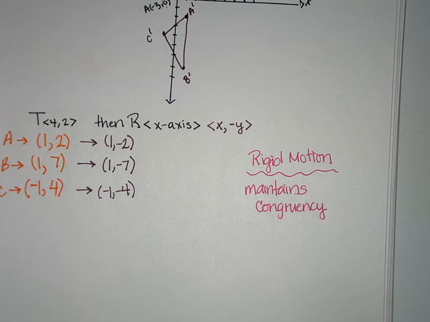Okay, I want you to look at your packet for 3.8a. On 3.8a, you're going to be doing these transformations and then answering some questions about it. So you have 1, 2, 3, 4, 5, 6 questions on 3.8a.